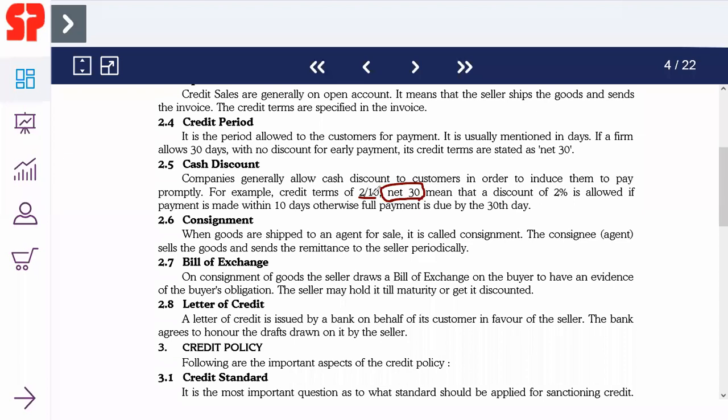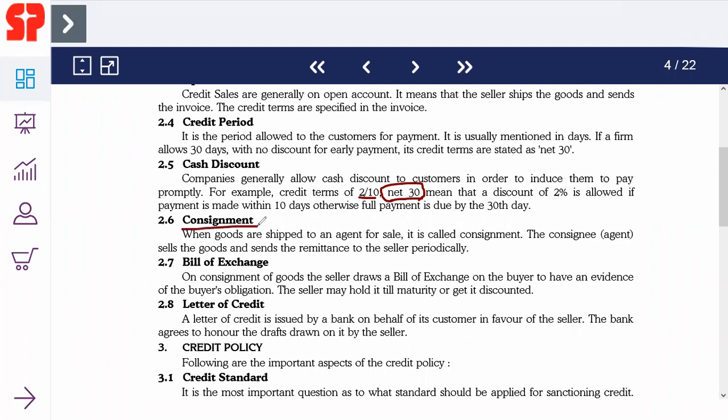After that you will not get the discount, but you can pay up to 30 days. This is the cash discount, which is normally allowed to customers to encourage them to pay promptly.